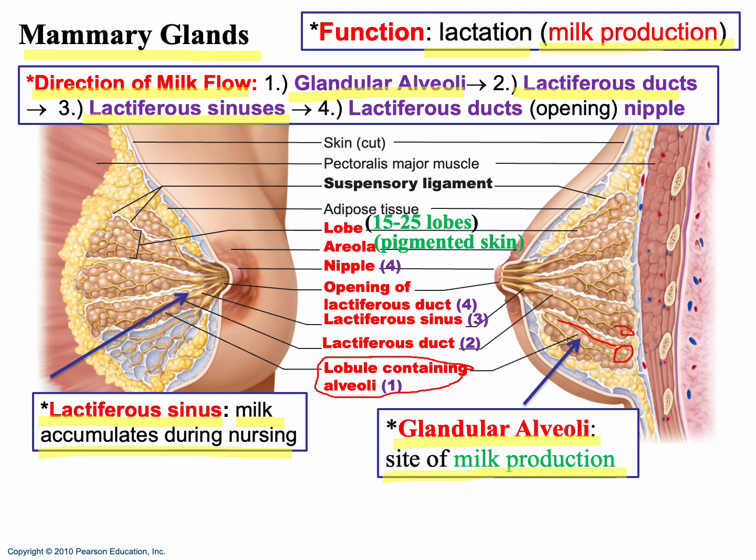Then ultimately milk travels down the lactiferous ducts here, these canals, to eventually right here is the lactiferous sinus, these bulbs. And then the milk will continue out. There's a little bit more of a part of the lactiferous duct before the milk is ejected out through the nipple. And so that is the direction that milk will travel. So important to know.